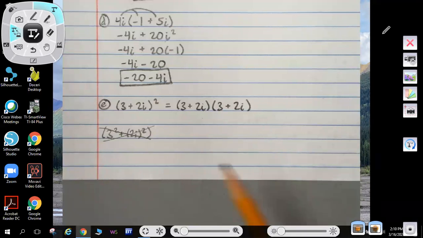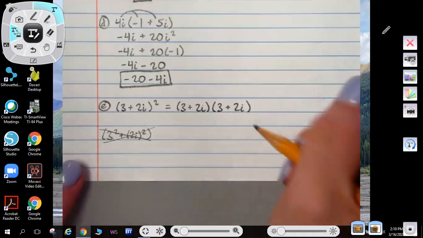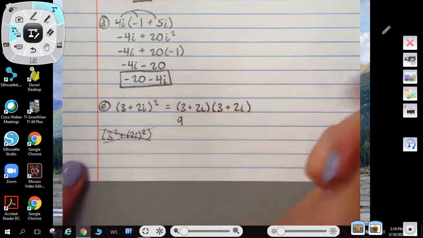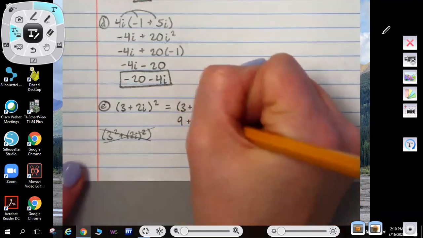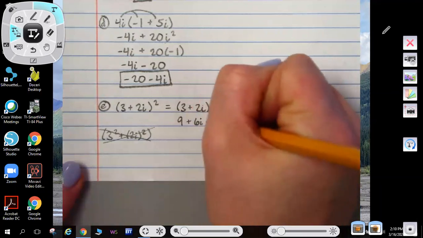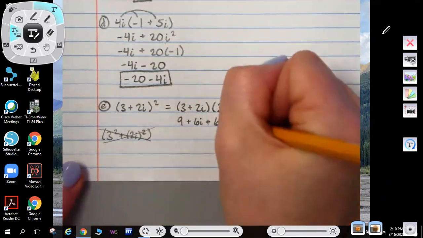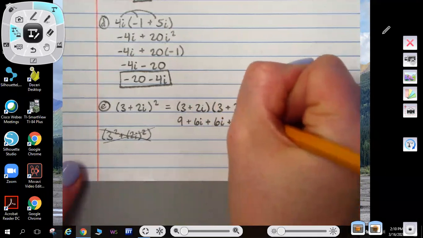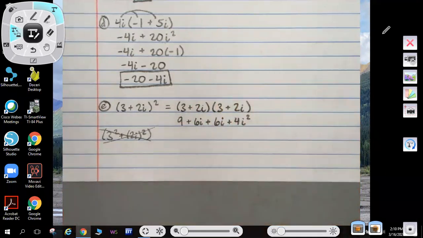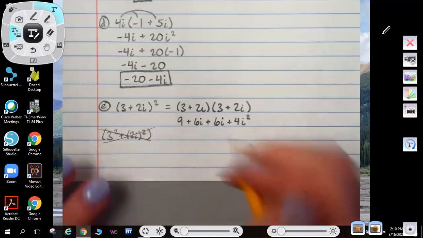Now we can use FOIL to multiply this just like we did in parts B and C. So we get 9 plus 6i plus 6i plus 4i squared. Okay, let's combine 6i plus 6i, and let's also replace i squared with -1.